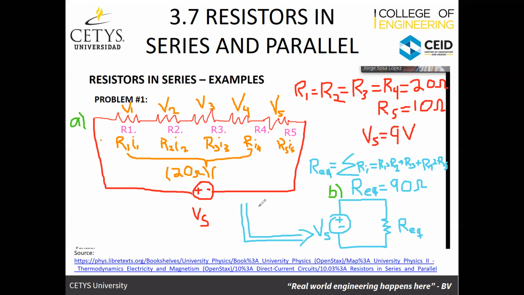By the way, this is just a specific problem where there's a bunch of resistances that are the same. We could have them be different. Multiplied by the current, what was the value we calculated for the current? 0.1.